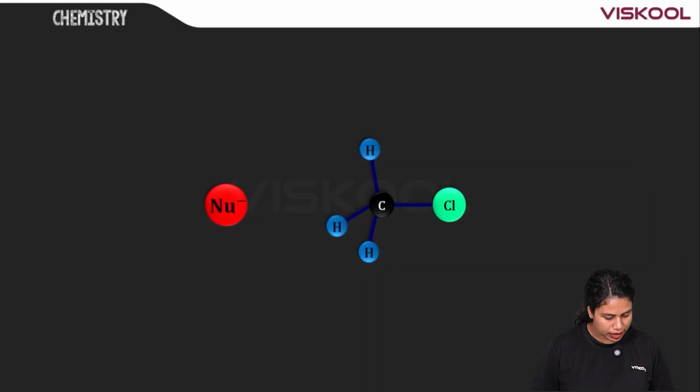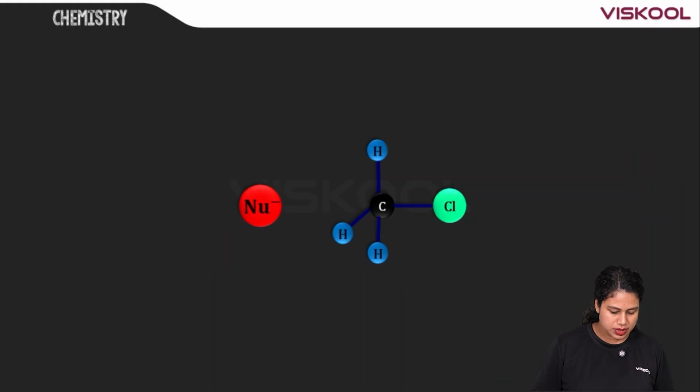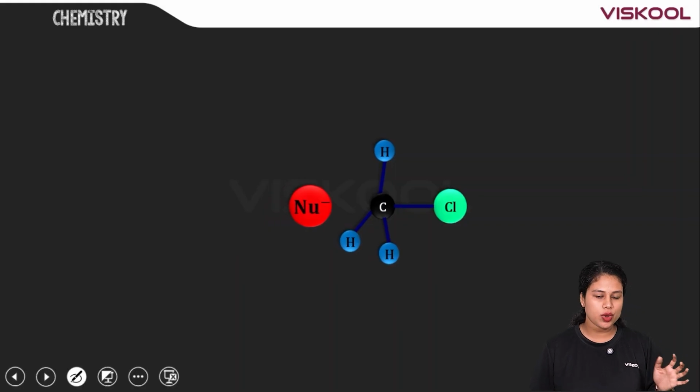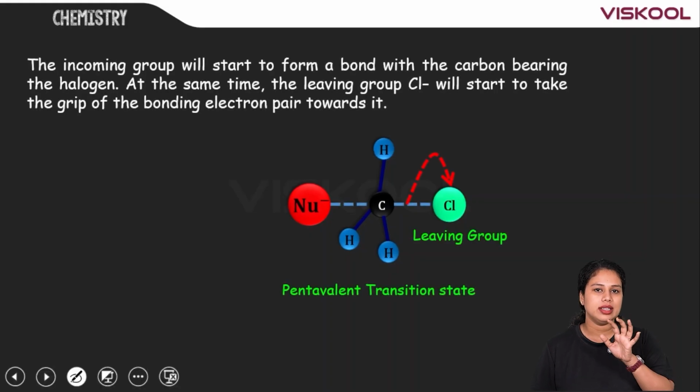The nucleophile approaches the alkyl halide and you can see a shift in the bonds of the hydrogen atoms. Now the nucleophile comes closer to the alkyl halide, and an intermediate forms.